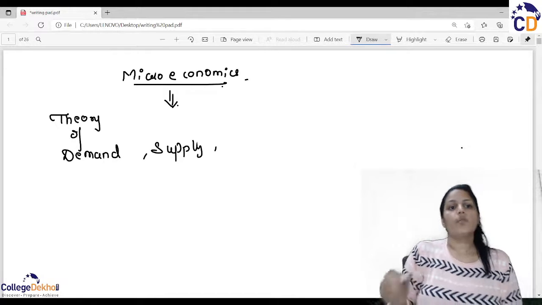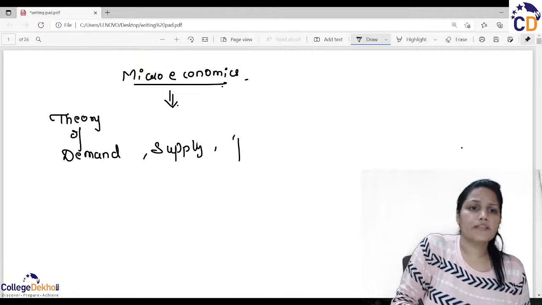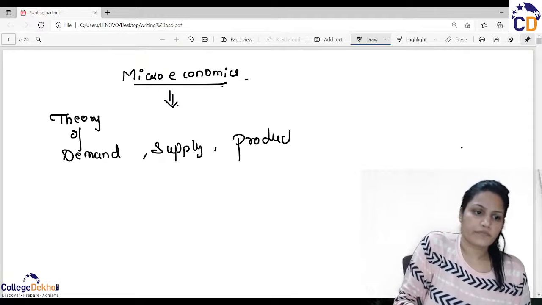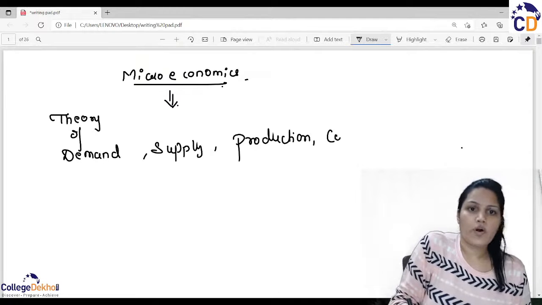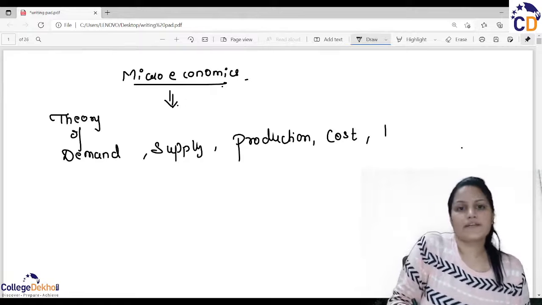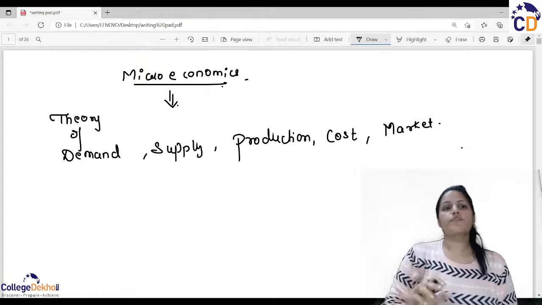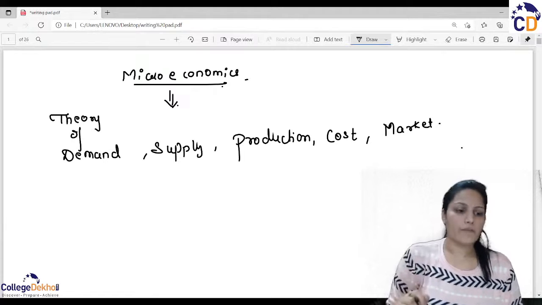And when we talk about the theory of demand and supply, automatically production and cost. And one more thing, the market, are all under the observation of microeconomics.